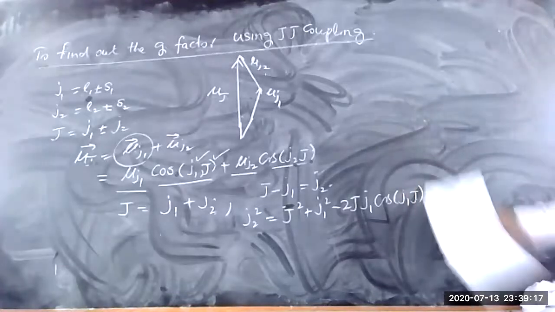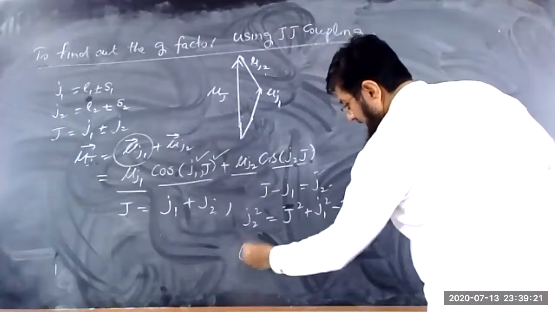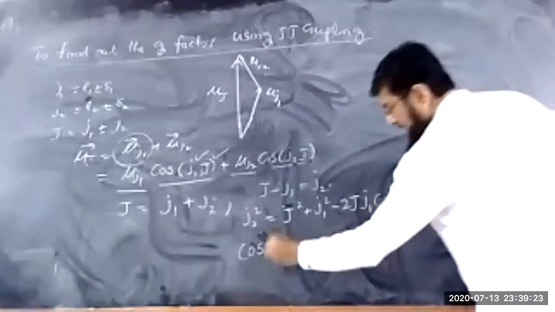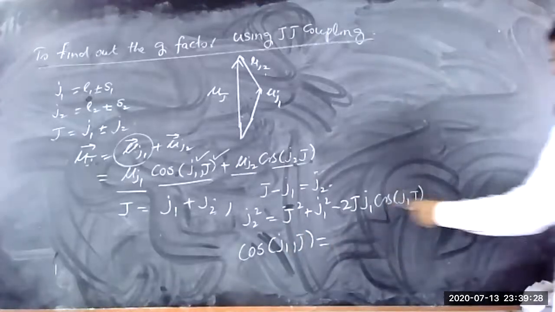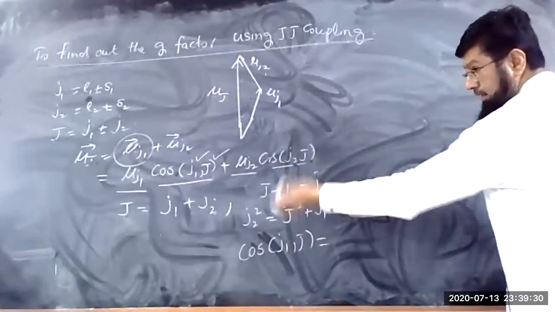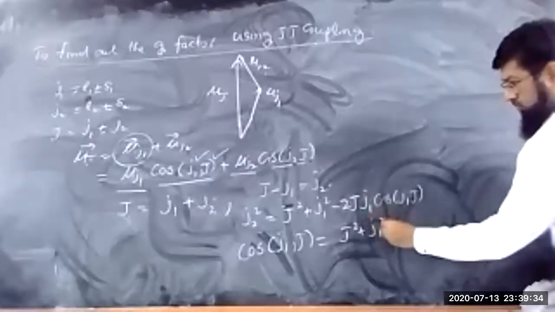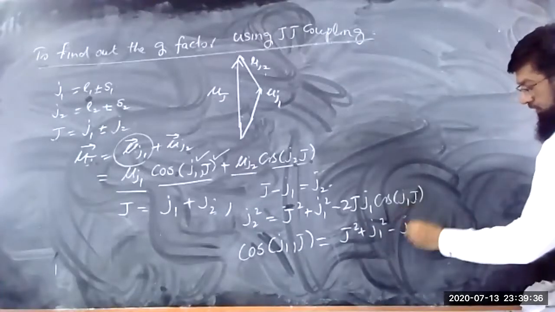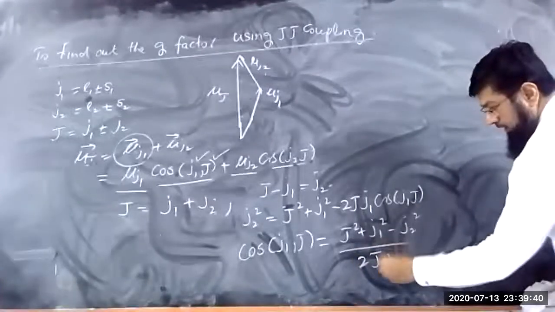So now from this equation you will get the cos of angle between j1 and j is equal to, this goes to this side, this goes to this side, so j square plus j1 square minus j2 square divided by 2j into j1.